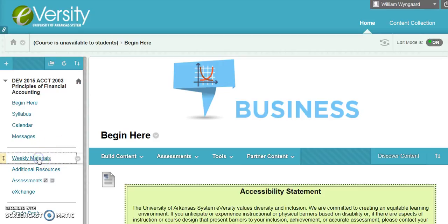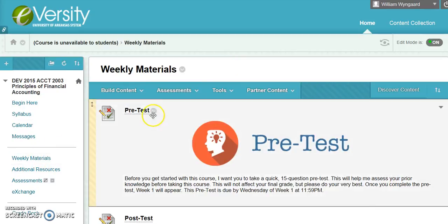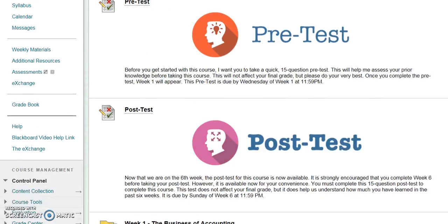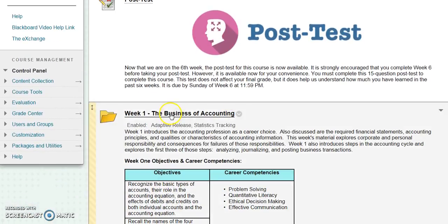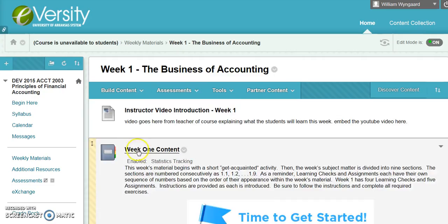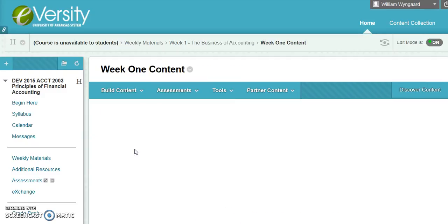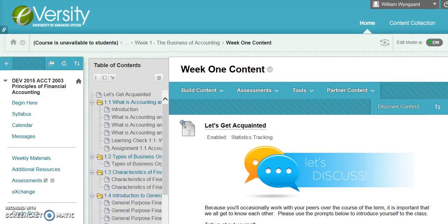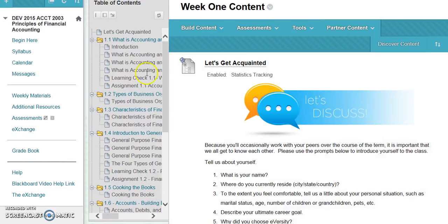So if you go to your weekly materials and then go down to week one, you'll see the objectives for week one, and then click on week one and then click on your week one content. And you'll see a nice little outline of everything that we'll be covering in week one.